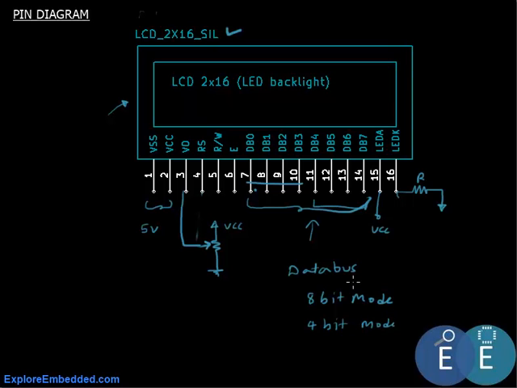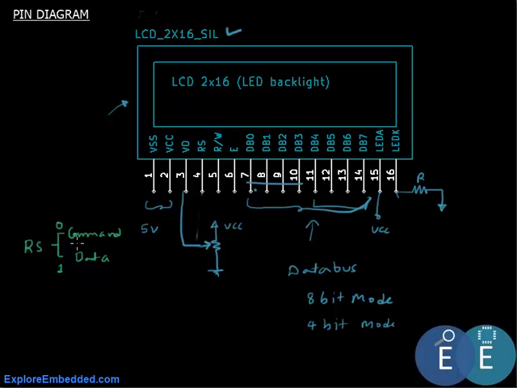Now, the only remaining pins are the register select, read write, and enable. Now the register select pin, if this pin is 0, the command register inside the LCD is selected. If this is 1, data register is selected. Now what is the difference?